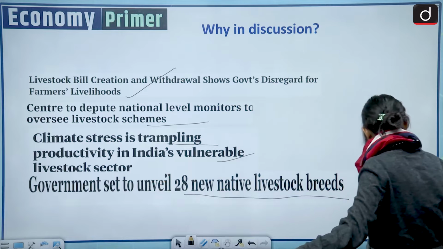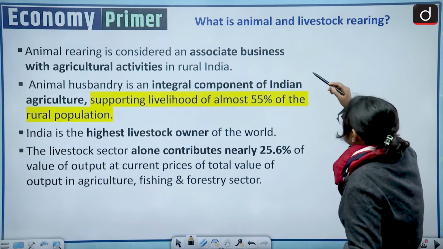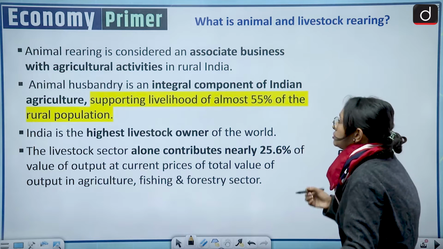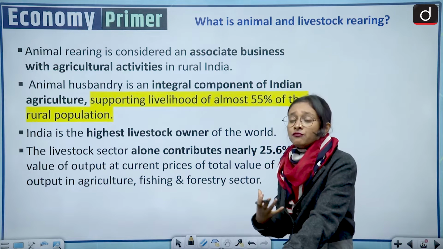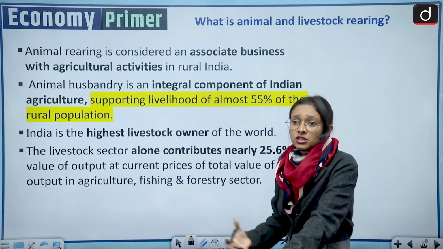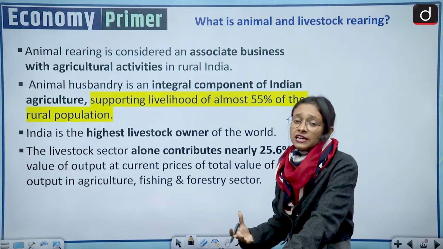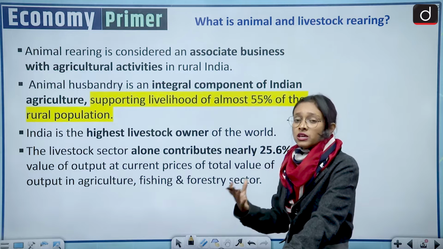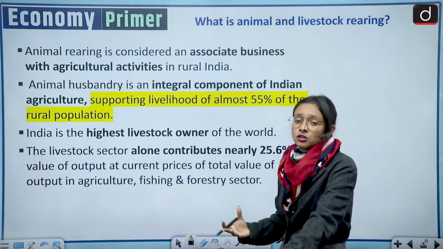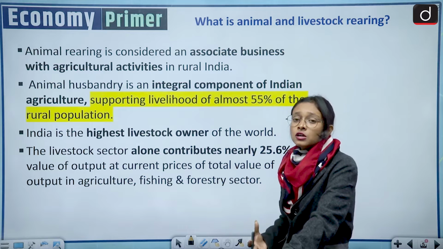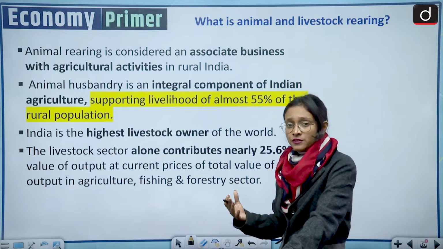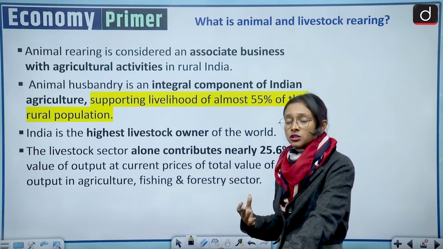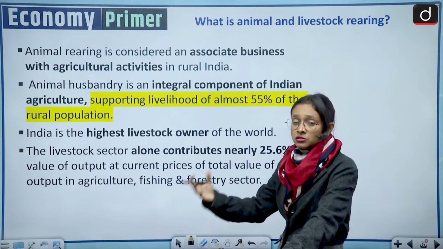So moving towards the introduction part, which is what is animal and livestock rearing. It is associated with agriculture, and many farmers who are doing agriculture in the field also rear and keep animals at their home. So together they do two kinds of work. They work on the field and they also work at home with the livestock, and sometimes we have seen that the livestock population is also helping farmers in their fields.